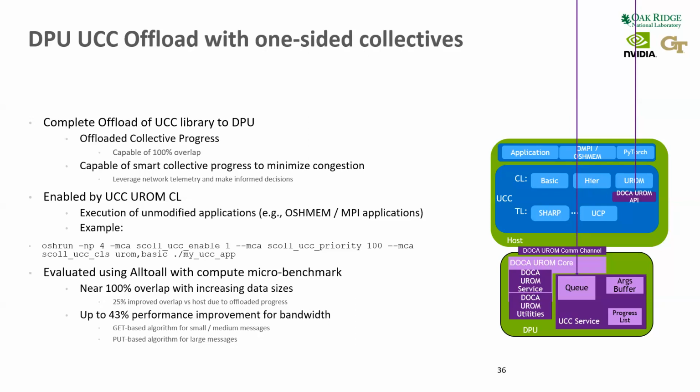So it doesn't require switching between running on the host only, interacting with the network card, versus offloading to the DPU. It can be done at runtime when you are doing an oshrun. All right, next.